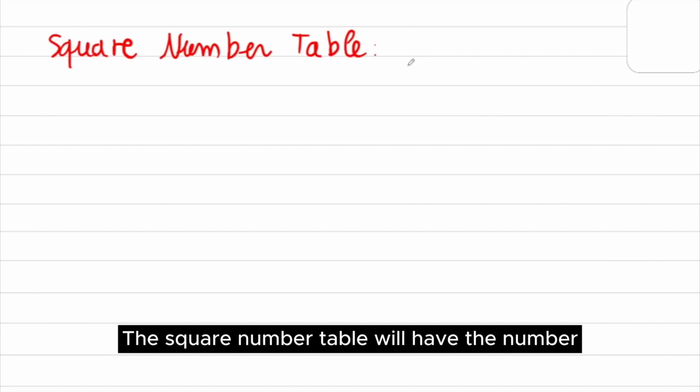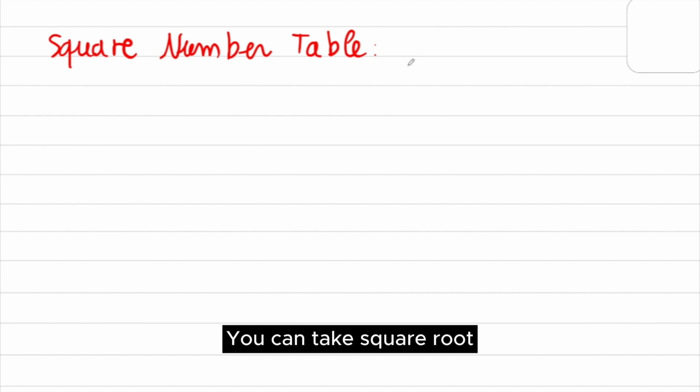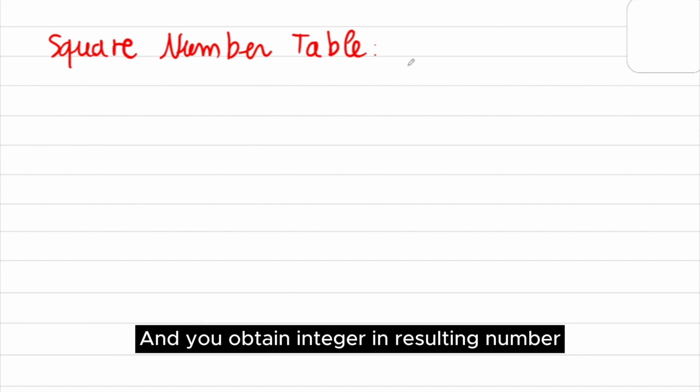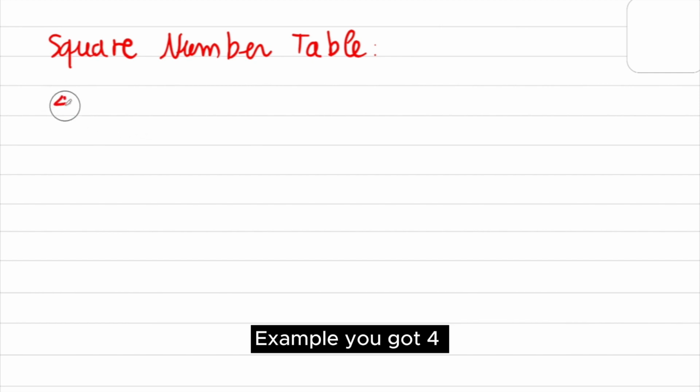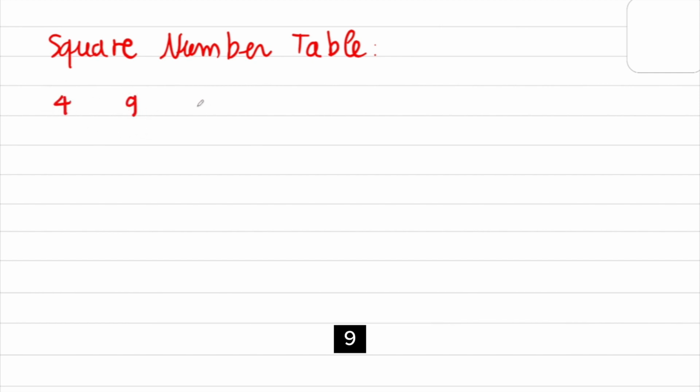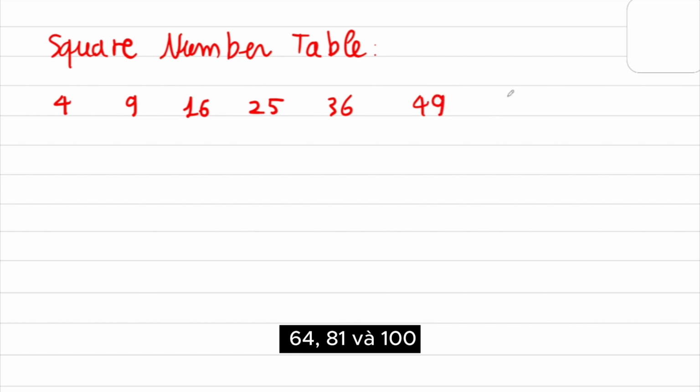The square number table contains the numbers whose square root gives an integer result. For example, 4, 9, 16, 25, 36, 49, 64, 81 and 100.